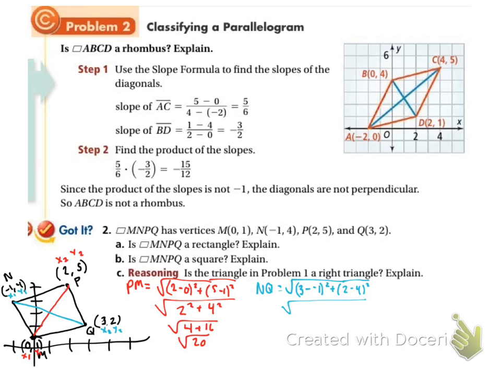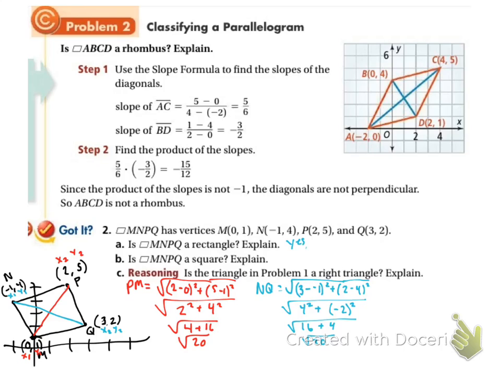So this is the square root of 3 minus -1. That's the same thing as 3 plus 1. 3 plus 1 is 4, so this is 4 squared. Plus 2 minus 4 is -2. So this is -2 squared. So this is 16 plus 4, which is the square root of 20. So the diagonals are congruent, so this is a rectangle.